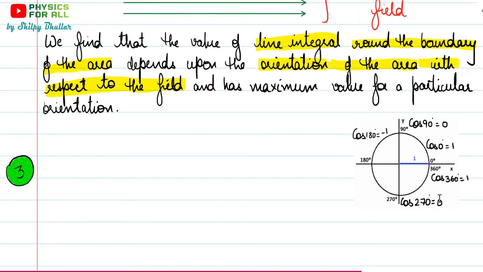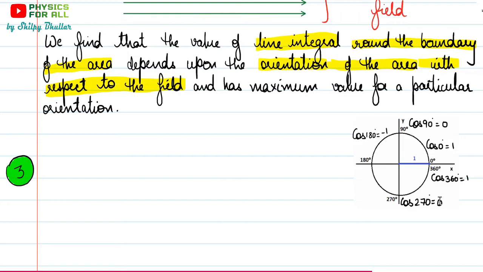In case of 270 degrees, again the value is 0. And when we have cos 360 degree, or we say when the area has made one complete rotation, so it has come back to the original state. So whether you call it angle 0 degree, or you call it angle 360 degree, the value is still 1. Cos 0 degree and cos 360 degree both are 1. So this is the meaning that the orientation really matters.